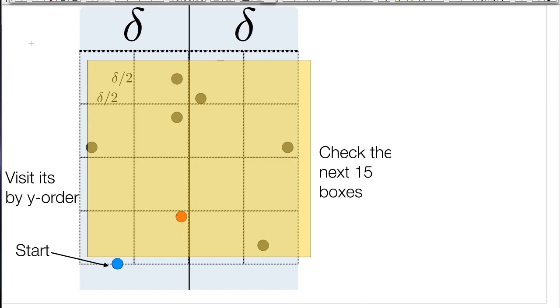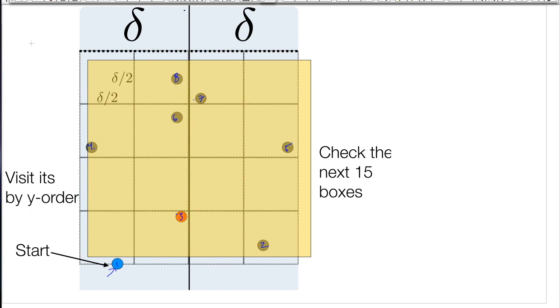So 1, 2, 3, 4, 5, 6, 7, 8, right? This would be 1, 2, 3, 4, 5, 6, 7, 8, etc. And what we're going to do is start with the first one and then just check the next 15 points that are there. This is again an overkill because in this case, for example, only 8 are in the next 15 buckets.